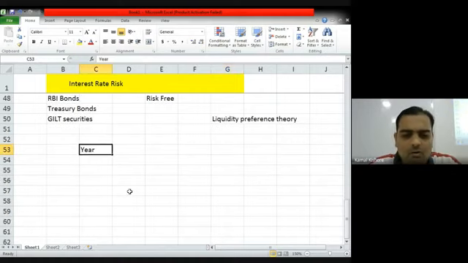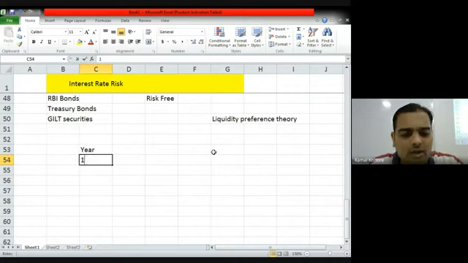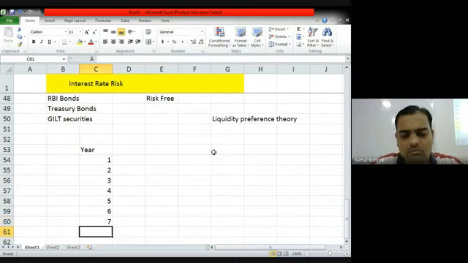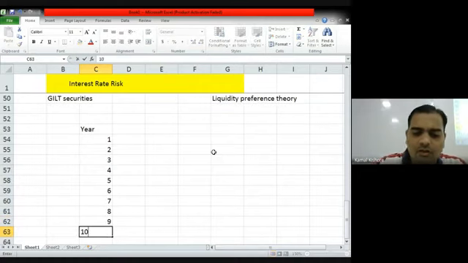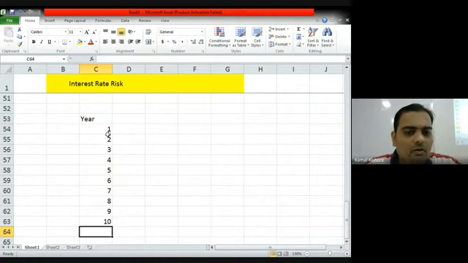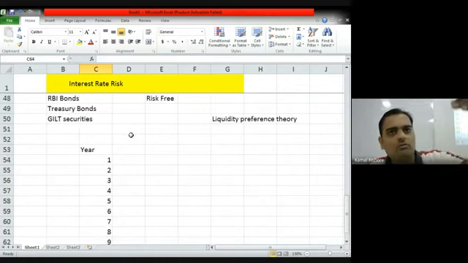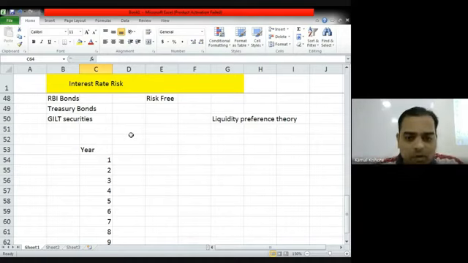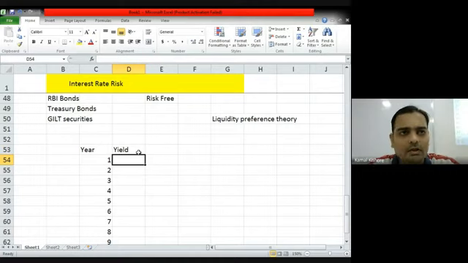Now let's say there are bonds with different maturities. Because the risk is high, the returns will also be high. Between a 3-year bond and a 10-year bond, I will seek a higher return because the risk is high. So I also put yields here.